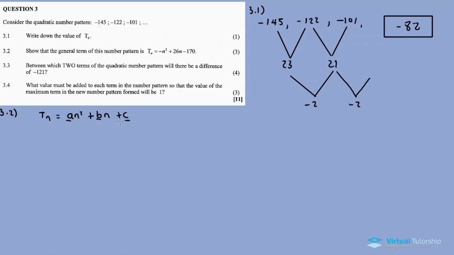So qala ngo A. The formula ka A is what? It's 2A equal to the second common difference. So therefore A divided by 2, A is equal to -1.